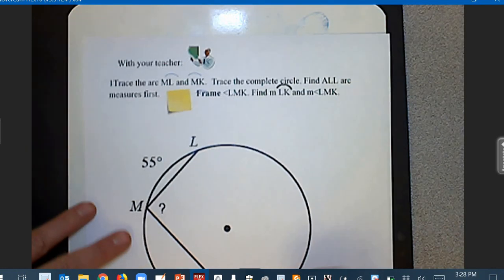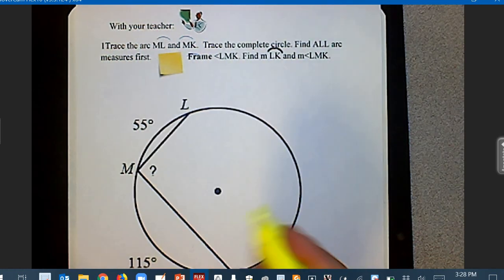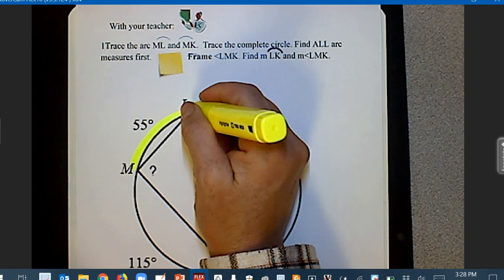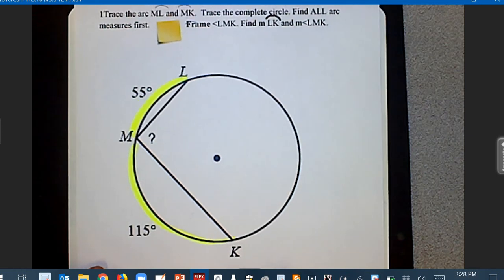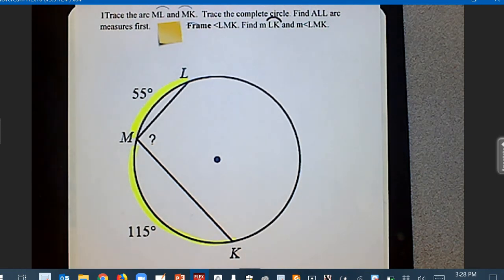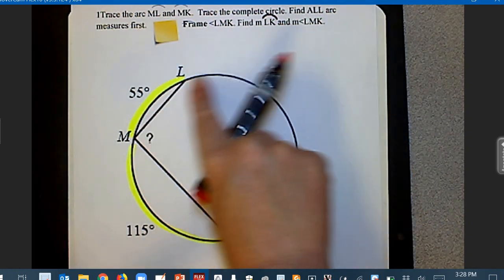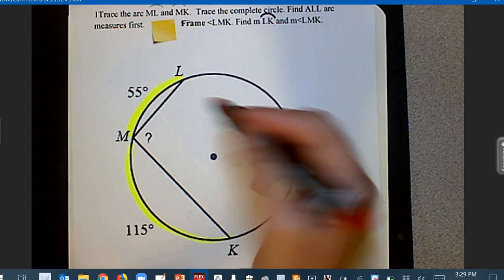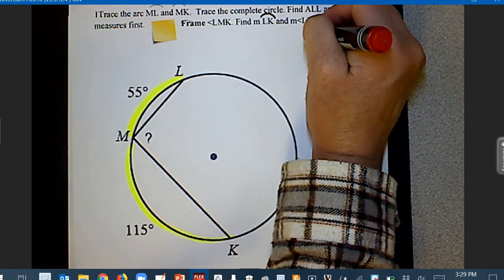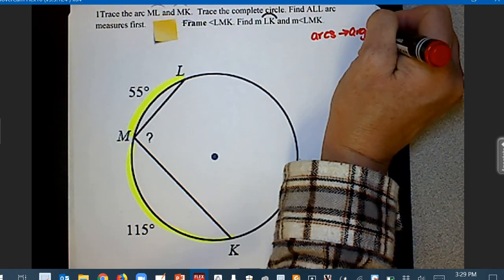Now, let's go ahead and do a couple problems together. I'd like you to trace ML, the arc, and MK, the arc. Trace the complete circle. So with your finger, go all the way around. Before you do anything else, you always try to find arcs before angles if at all possible.